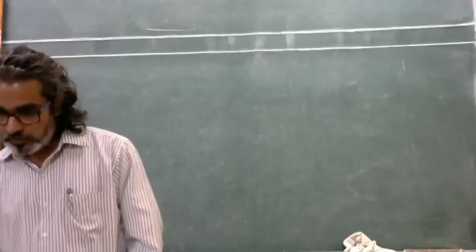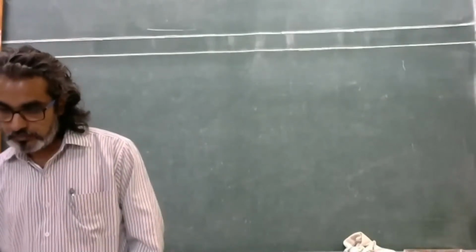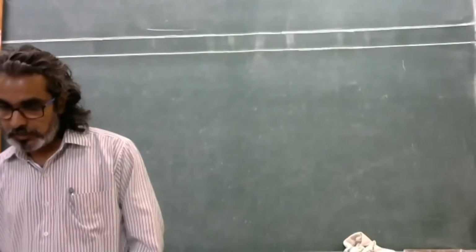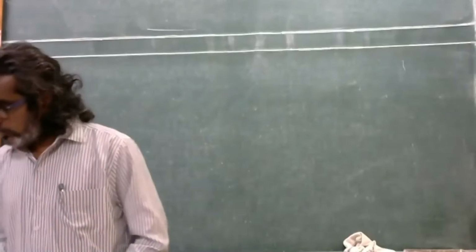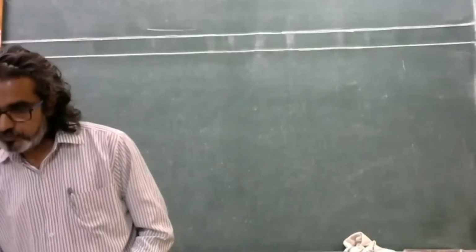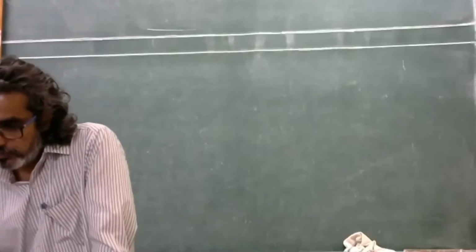Okay, so today we'll talk about that a little bit in detail and then develop a model which can explain different features observed for hemoglobin. Okay, so let me start sharing the PPT.